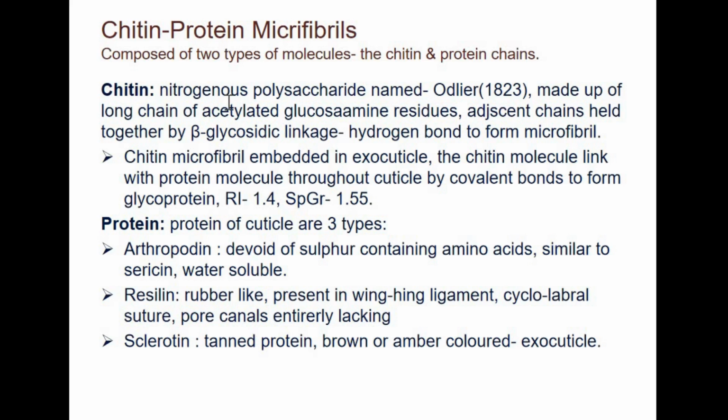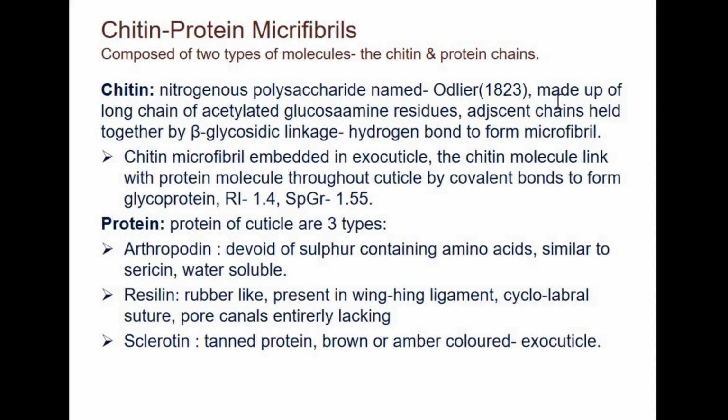Chitin is made up of a nitrogenous polysaccharide, named by the scientist Odier in 1823, and it is made up of long chains of acetylated glucosamine residues.